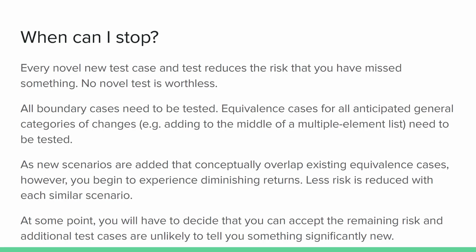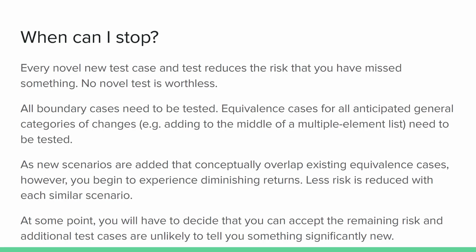We also need equivalence cases for any anticipated general categories of changing. We need something to represent all of the usual ways that we might modify a particular data structure. So as new scenarios are added, if they're conceptually overlapping existing equivalence cases, we're going to start to see diminishing returns.